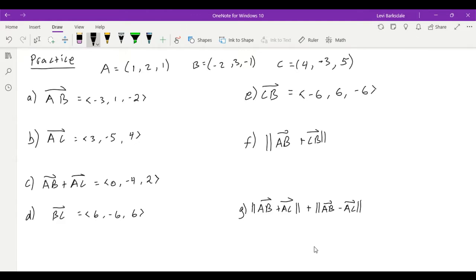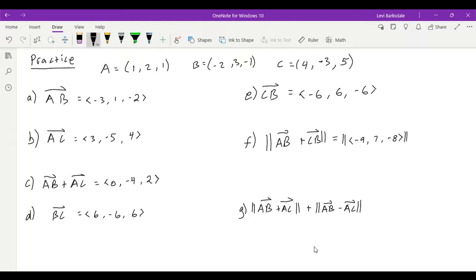All right. For part F, first I'm going to need to find out what vector AB plus vector CB is. So I'm going to start by doing that. AB plus CB gives, then we have 1 plus 6 is 7, and -2 minus 6 is -8.